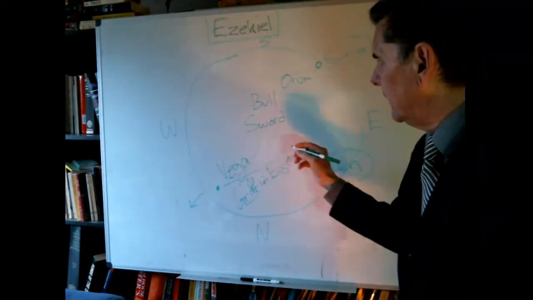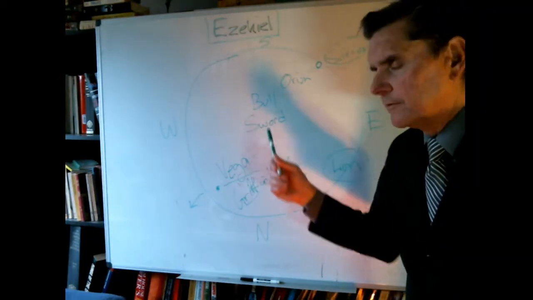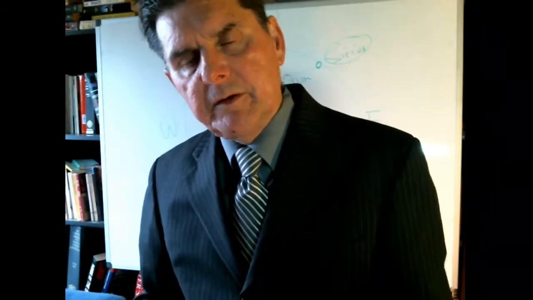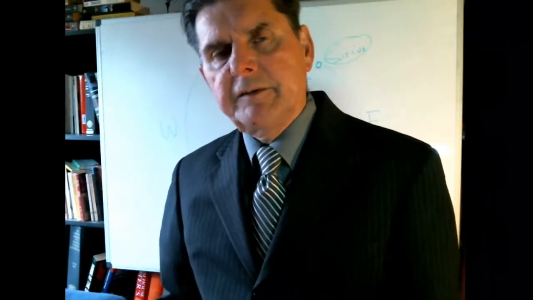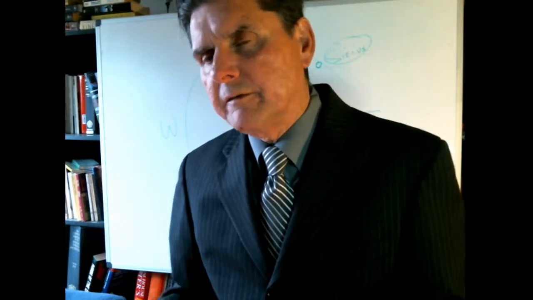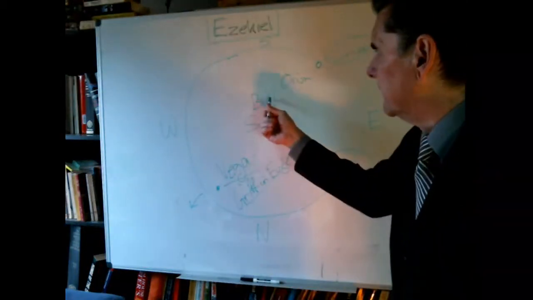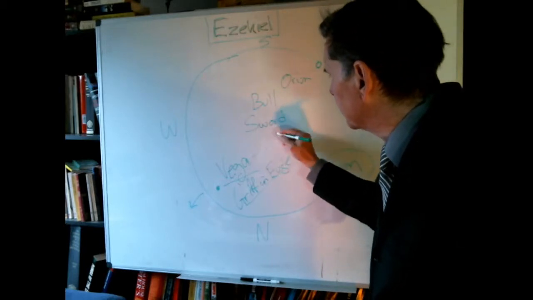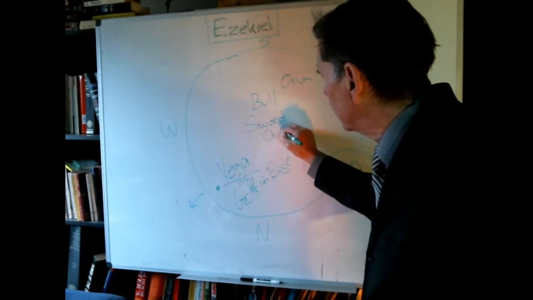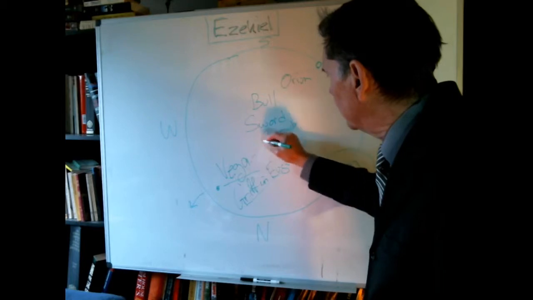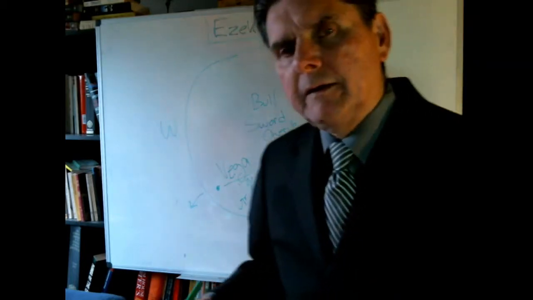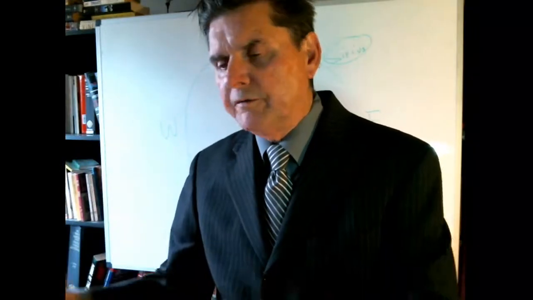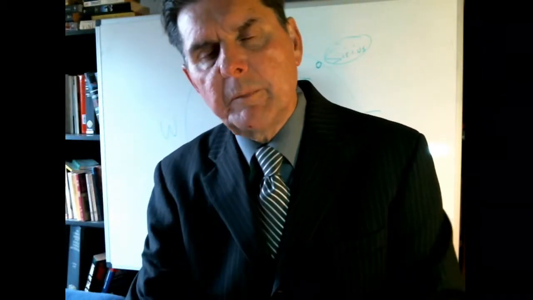Now you'll notice, and I'll highlight this when we go through the text of Ezekiel, that there are two places he talks about the four faces. And in the second one, he doesn't mention the calf. He mentions a cherub. And you'll recall that the cherub in Eden is holding a sword. And there's a whole section of Ezekiel which talks about the sword.